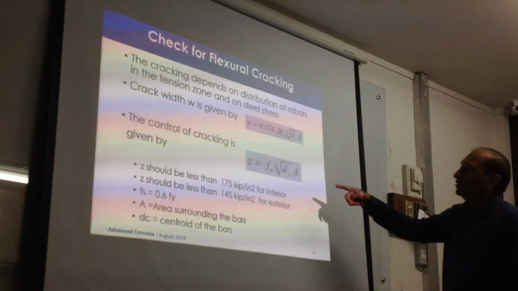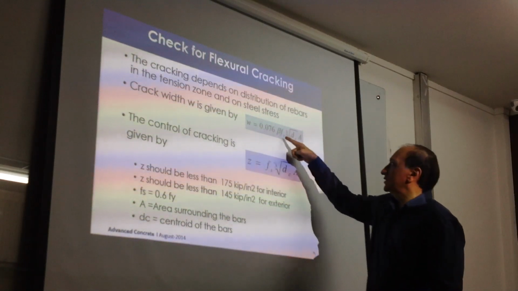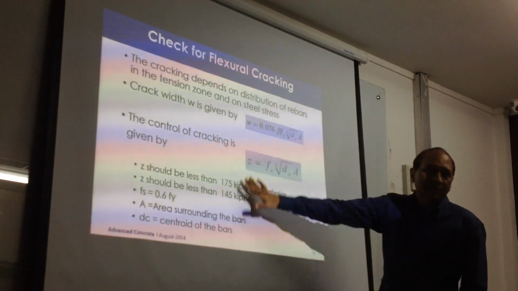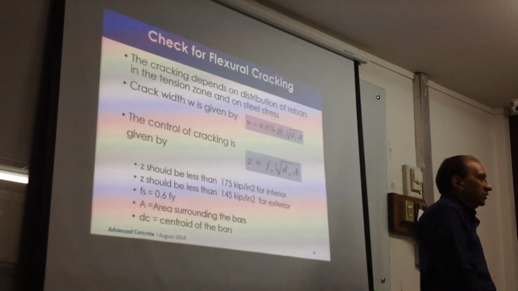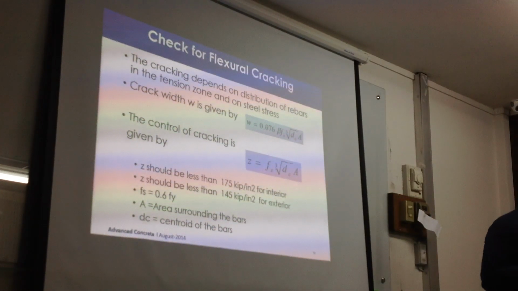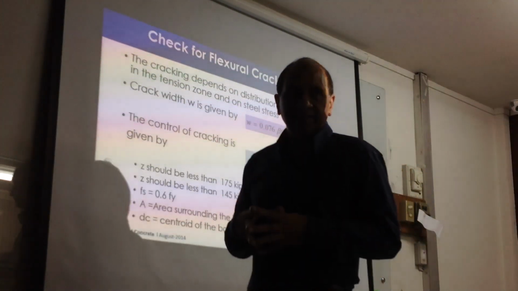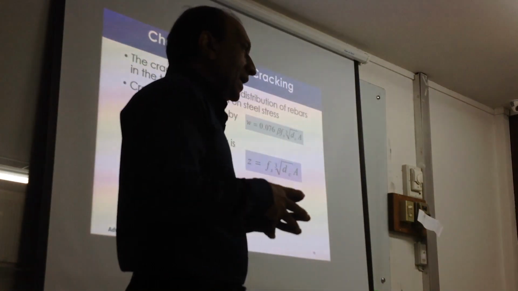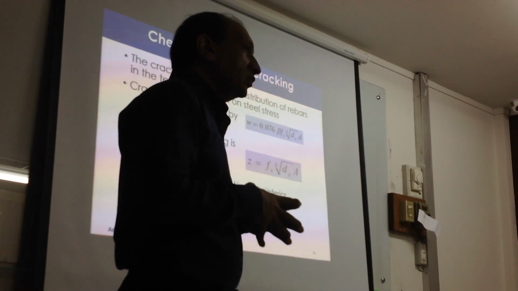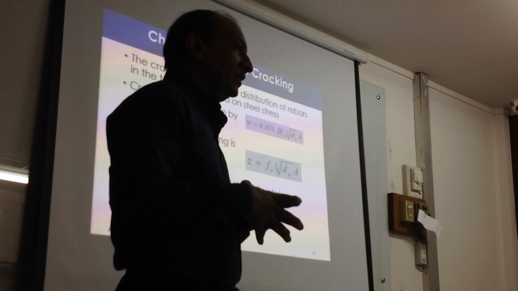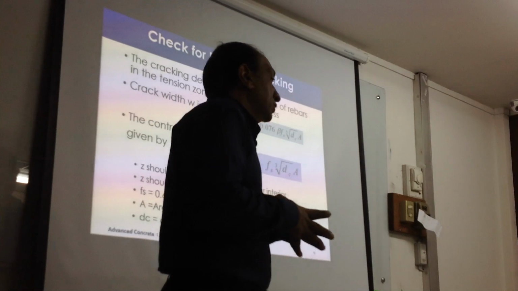So we can calculate, there's a factor called W, and this one, and then Z. So I don't want to, because every code has different equations, we don't need to worry about it. What we need to worry about is cracking in beams needs to be avoided. And it depends not only on amount of reinforcement, but more importantly, the distribution of reinforcement.